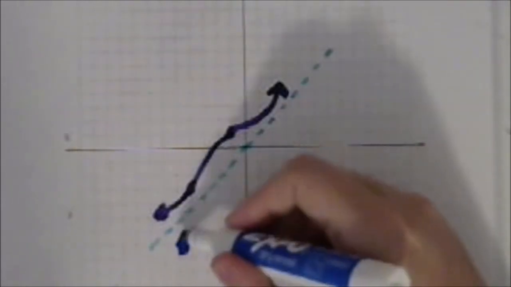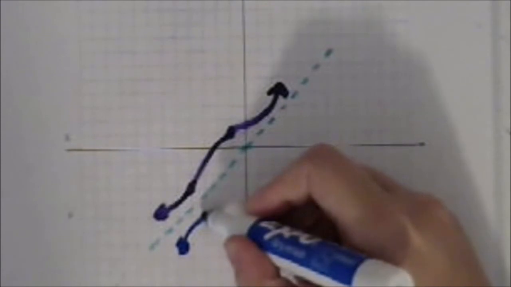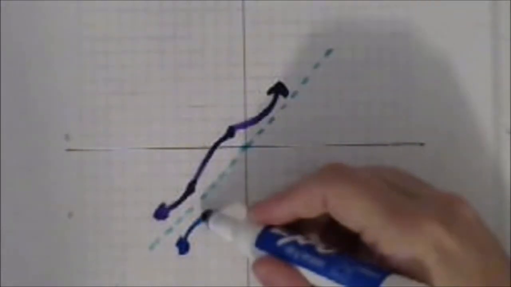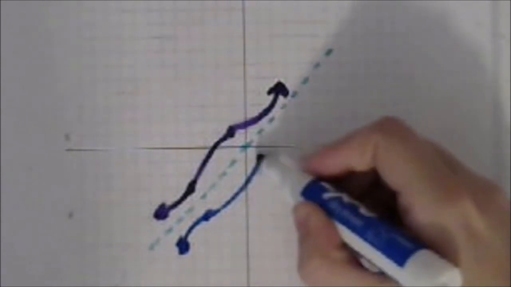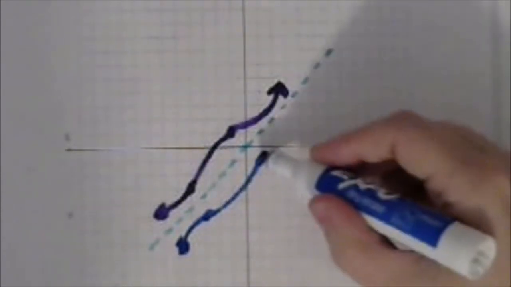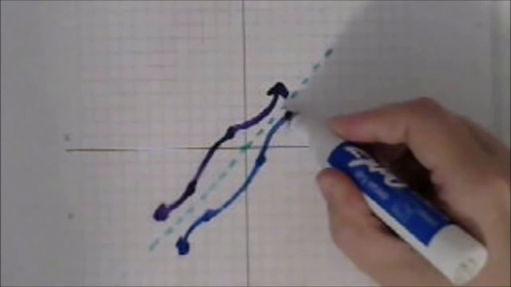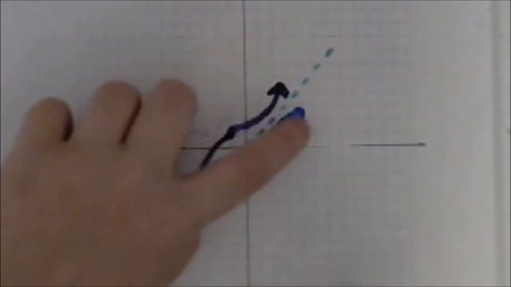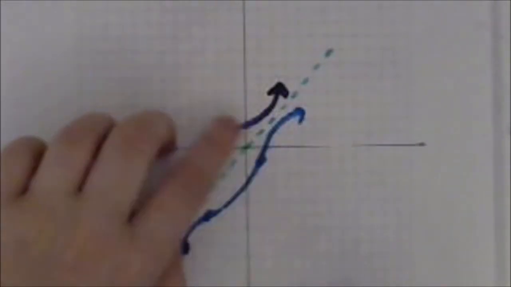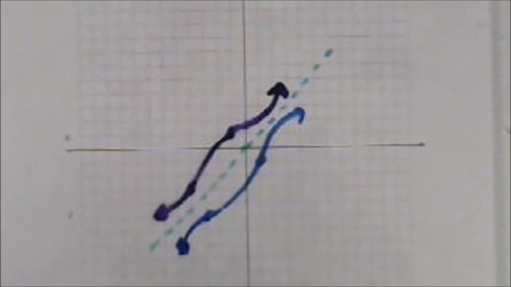And then this curve goes towards the line, hits a point right there, curves out to a point right there, curves back in towards the line, and ends in an arrow, like that. And so an inverse graph will be equidistant on either side of the line y equals x.